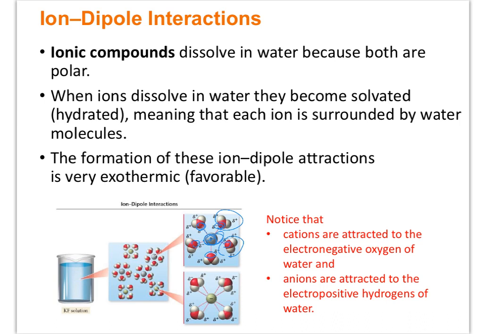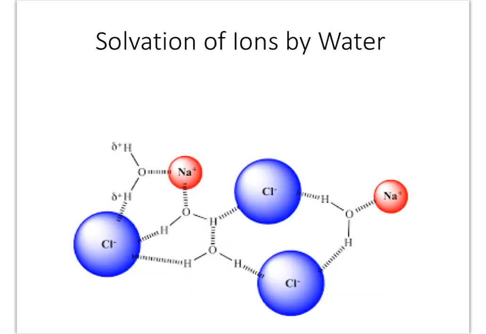And for the anion, the water molecules are oriented such that the electropositive hydrogens are close to the negatively charged anion. So again, be able to interpret these solvation diagrams as well as sketch one if you need to.